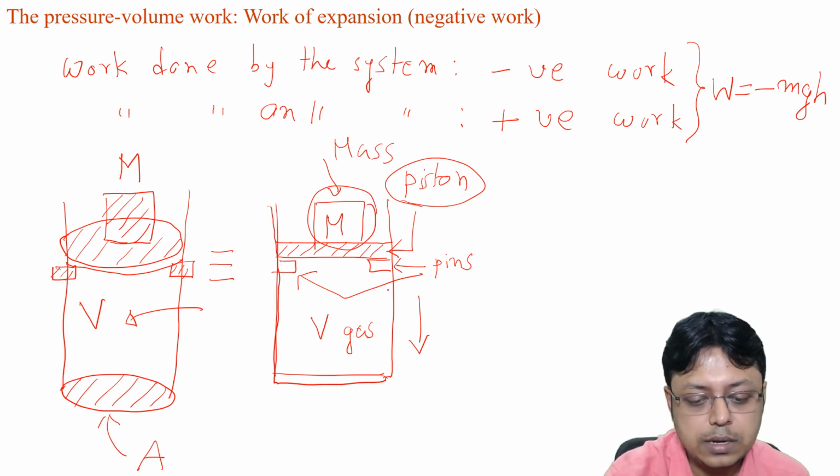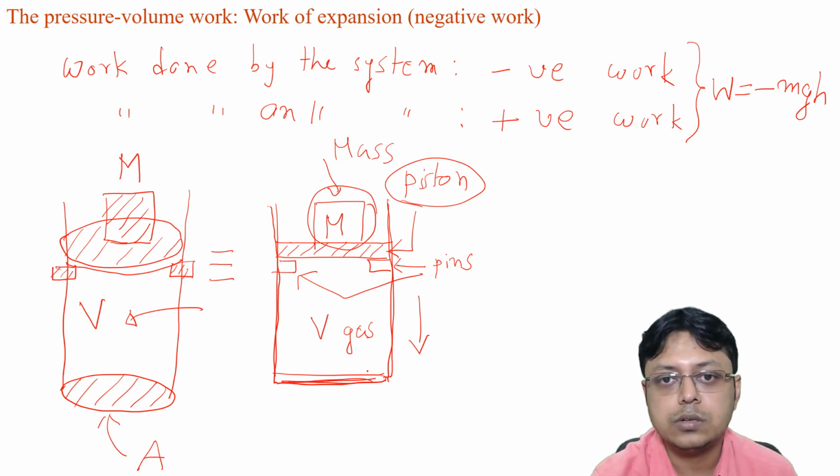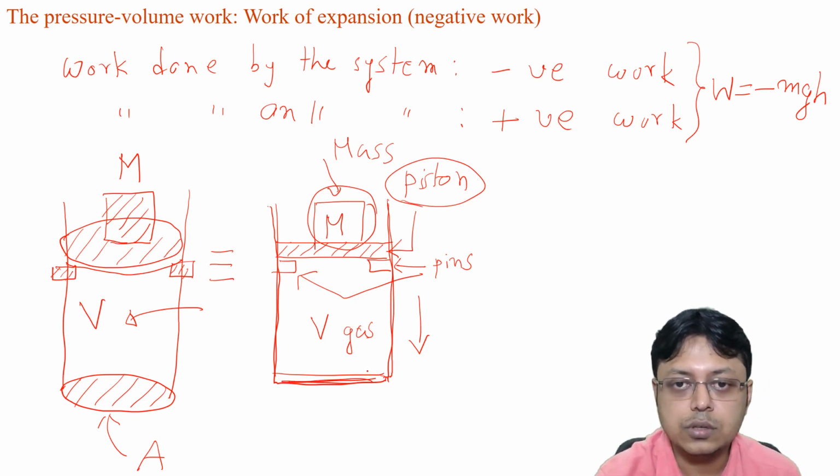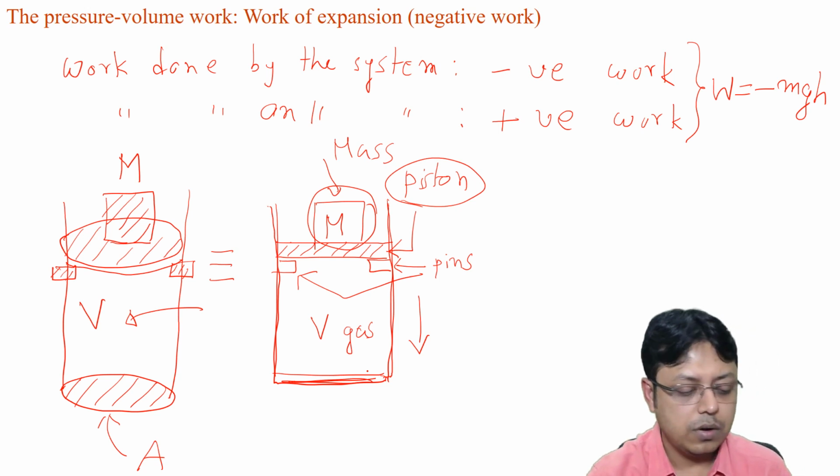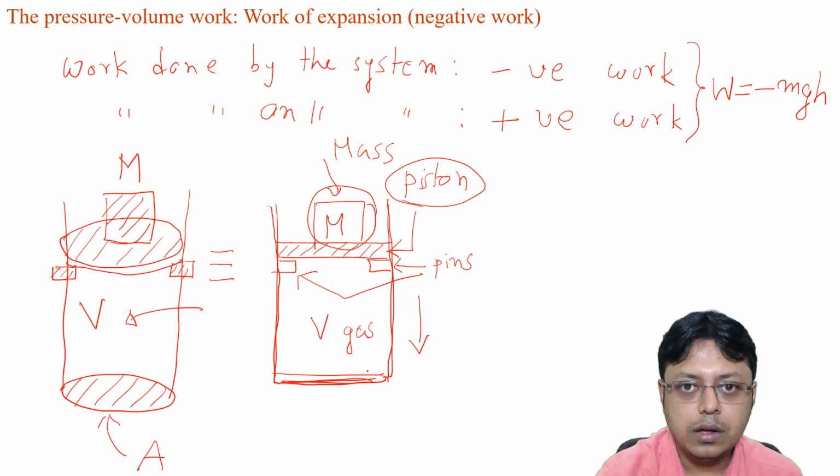So the piston is massless and the motion of the piston is frictionless. So there is no dissipation of energy due to the movement of the piston alone. And also there is no force created on the gas due to the weight of the piston because the piston is massless. Now let us try to consider how we will quantify work.